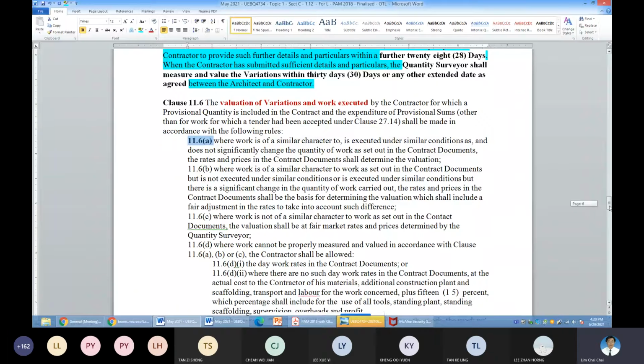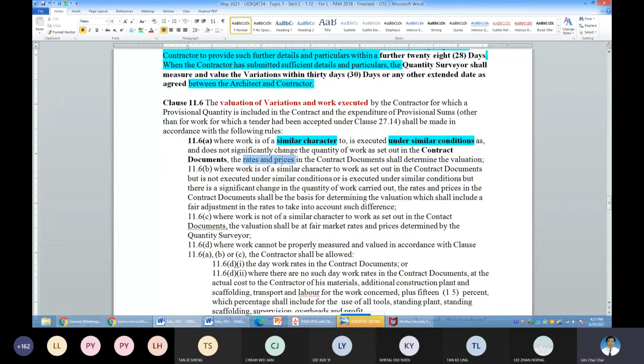Where your contract document rates are applicable. You have to use your contract document rates for works that are of similar character, number one, and similar condition. That means the work must be executed under similar character and similar condition. Then the contract document rates and prices must be used for the evaluation.